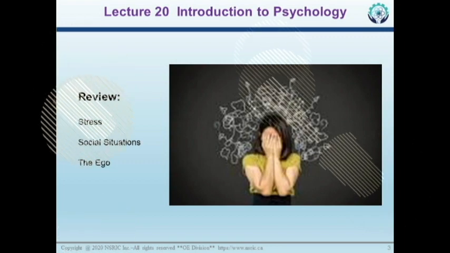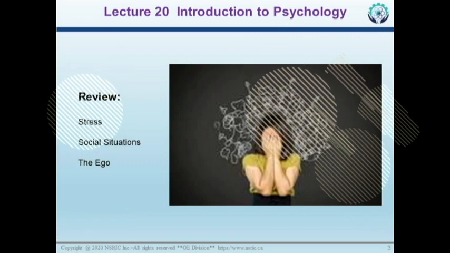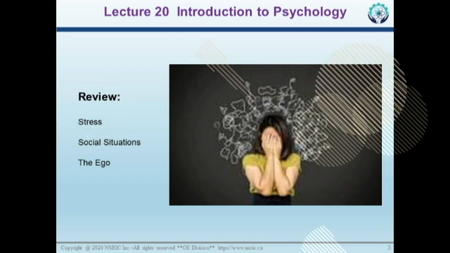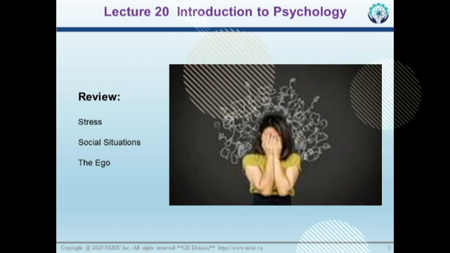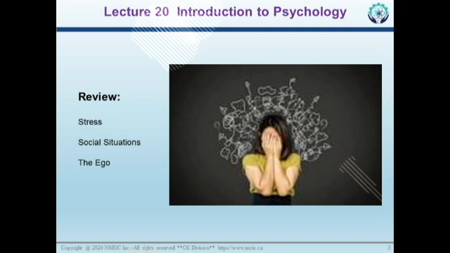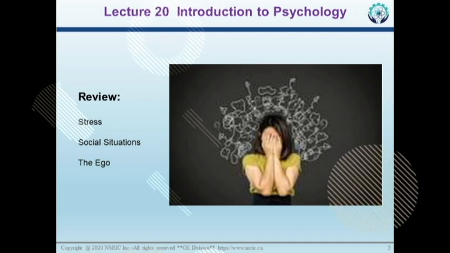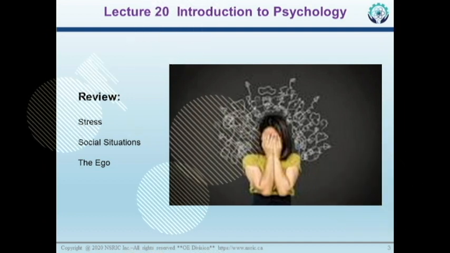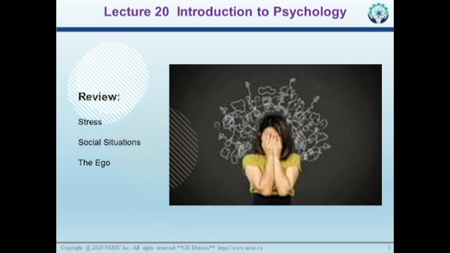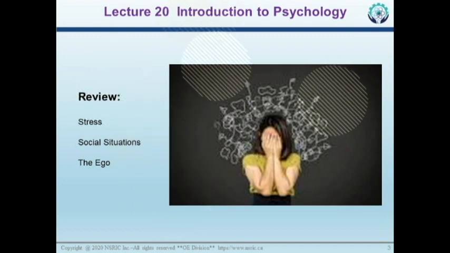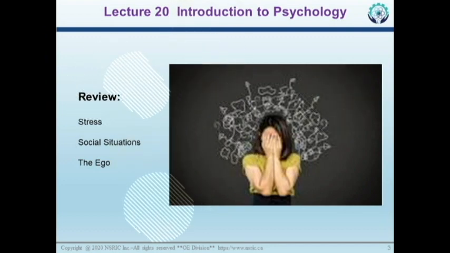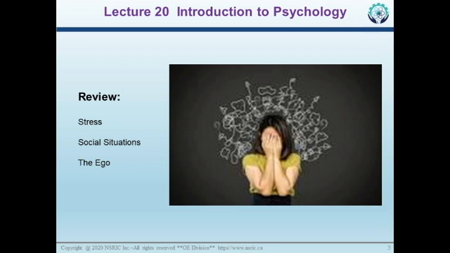Now, when a stressor is perceived, the hypothalamus releases a hormone called CRH, corticotropin releasing hormone, which signals the pituitary gland to release ACTH, which is adrenocorticotropic hormone. And the ACTH then travels to the adrenal gland and signals them to release cortisol, a stress hormone.